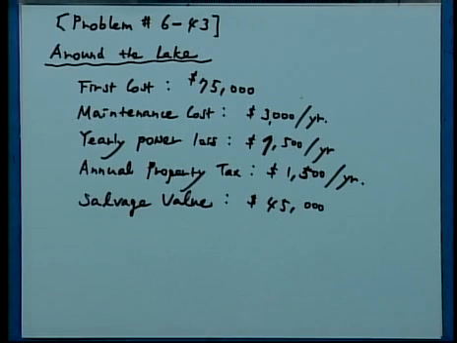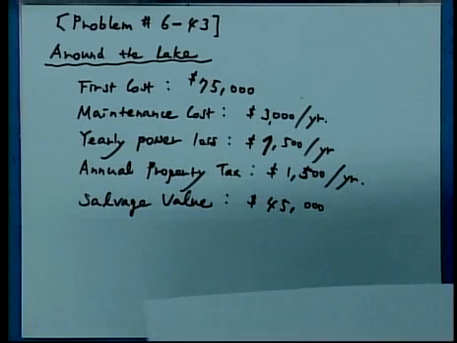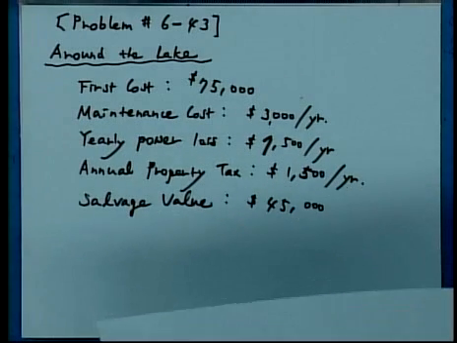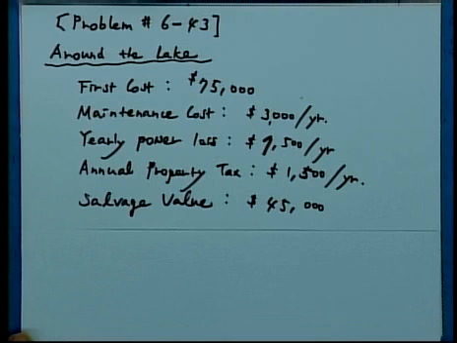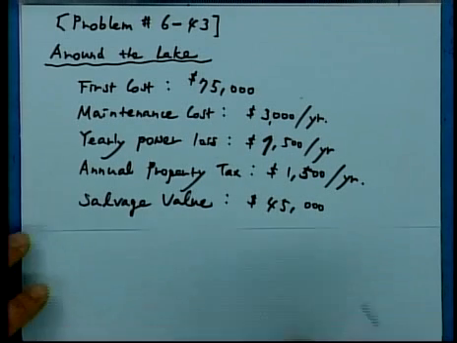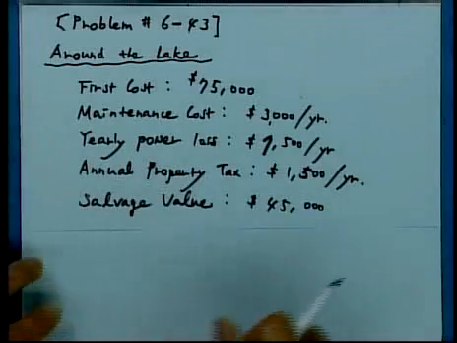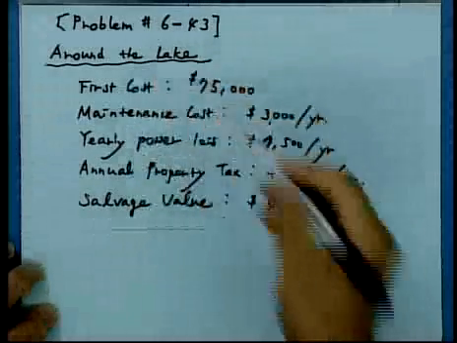So if the power line is routed around the lake, we can draw the cash flow diagram based on this information. Okay?